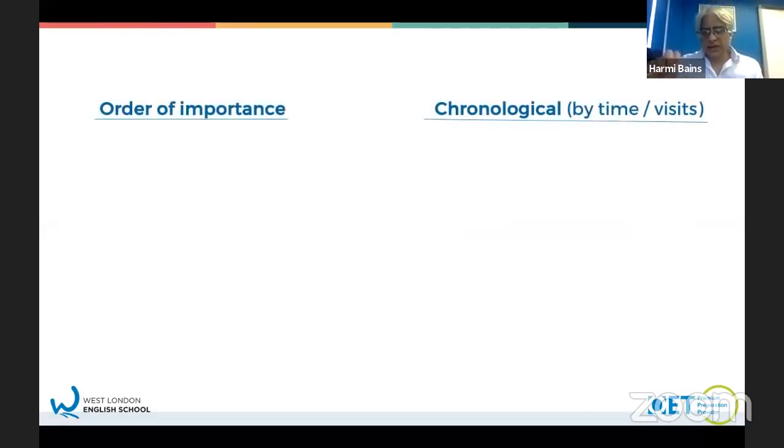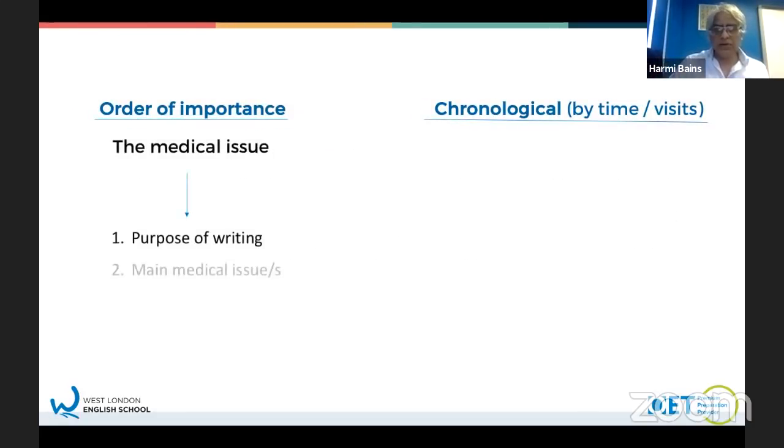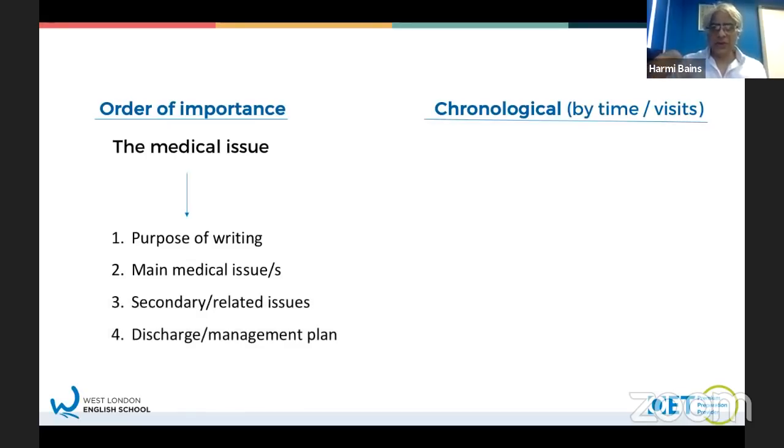Okay, so if you just compare the two structures here, order of importance, just to recap, you're dealing with the main medical issue, and that's what you mention immediately. In the second or third paragraph, you might talk about semi-relevant information or secondary information, which isn't as important.